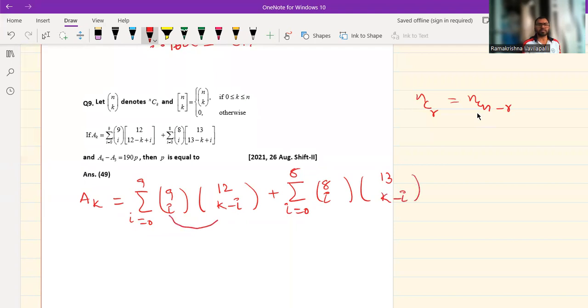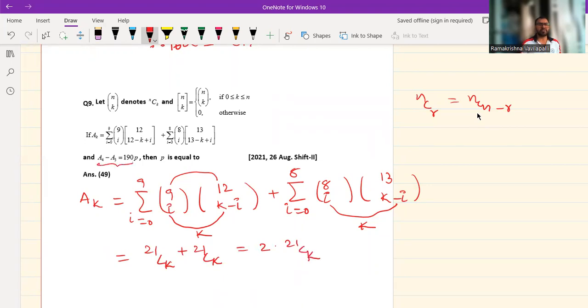So here, what is the sum? The sum is K. Here, what is the sum? The sum is K. So therefore, you will get here 9 plus 12, 21CK, plus 21CK. So you will get 2 times 21CK. The rest you can do.